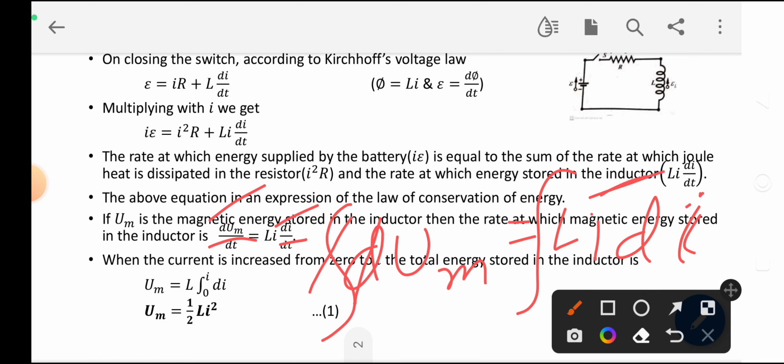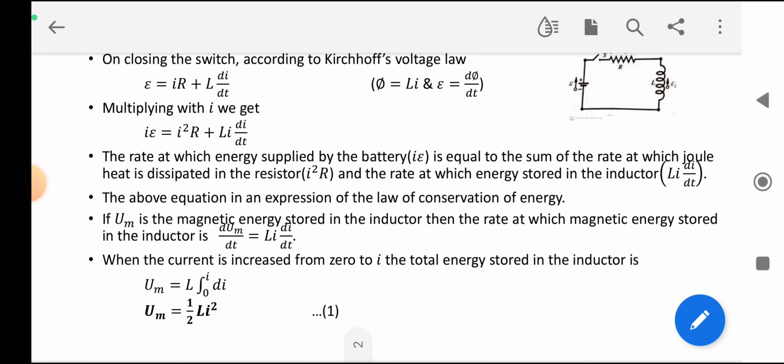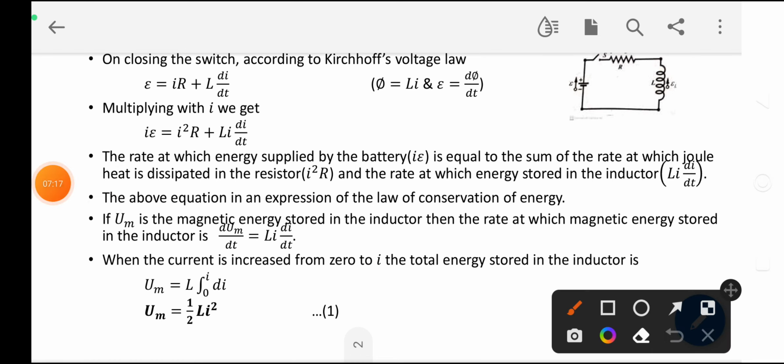So here U_M is equal to this, isn't it? It comes from this formula only. First cancel dt on either side, so dU_M is equal to L i di. Integrate on both sides, then you can get this one.